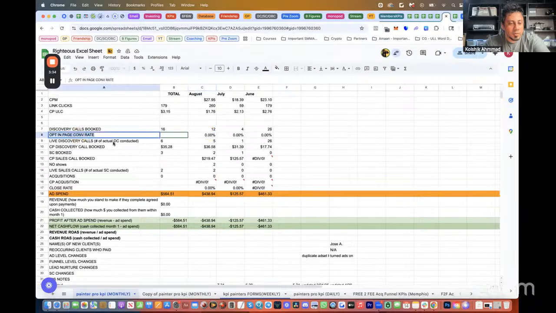So your opt-in page conversion rate is the number of people that visit. So this would equal 16 divided by this. There you go. So that's your conversion rate on your opt-in page. Cost per booked discovery call, 3. Cost per sales call booked, well, this divided by this.